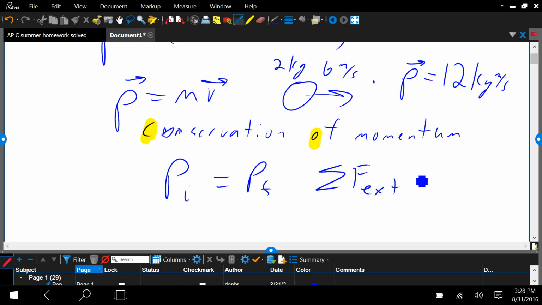You can't have some external force acting on the system. So for instance, if there was a wall and someone is standing and leaning against the wall, and they throw something away from them, maybe our ball up here with a momentum of 12 kilograms meters per second, they would not recoil any measurable amount.